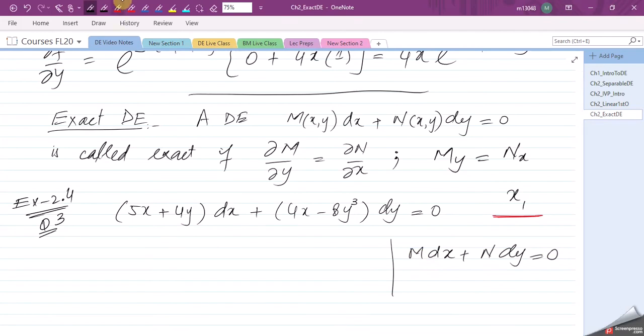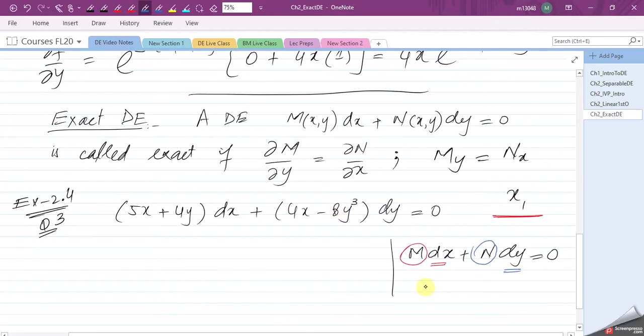The one with dx will always be called M, and the one with dy will always be called N. We cannot change this. You cannot call this M and this N. No, that will change the story.